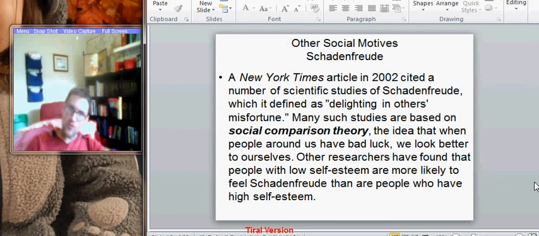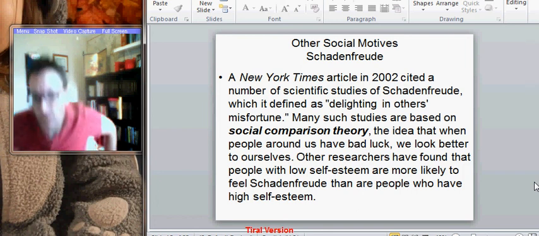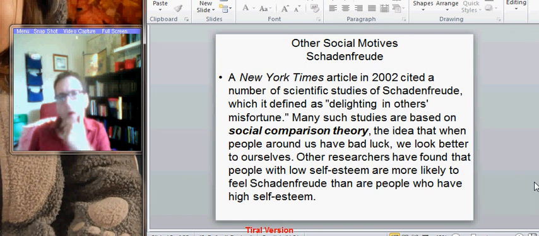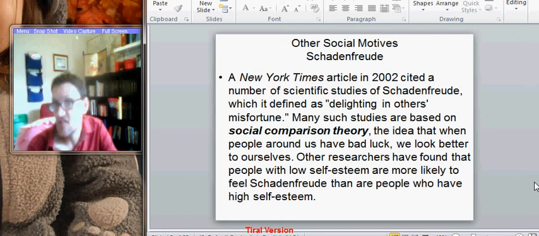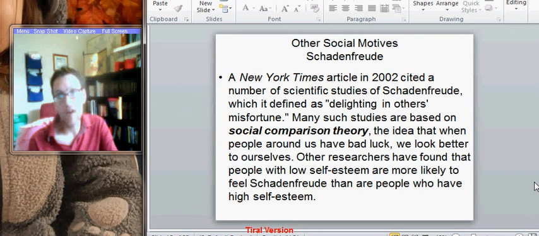Schadenfreude, very cool. It's a social motivation of delighting in others' misfortune. It's a German word, okay? Delighting in others' misfortune, that we feel good when other people suffer. And this is an interesting thing. Sometimes we're motivated for this because other people are our enemy, and if they suffer, we gain, right?